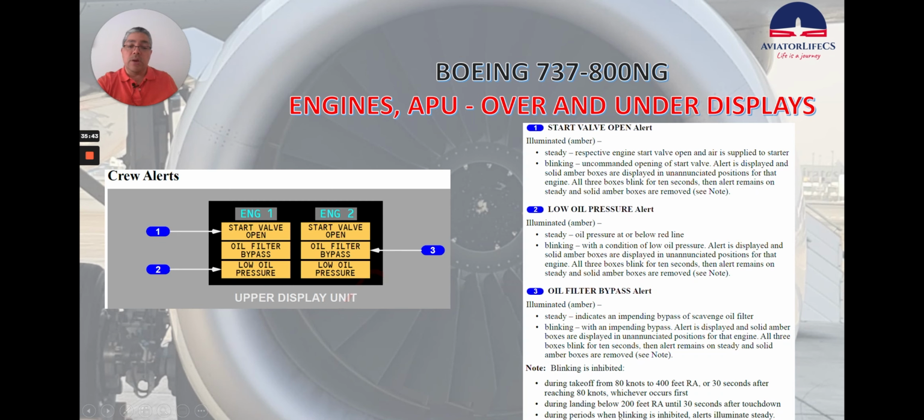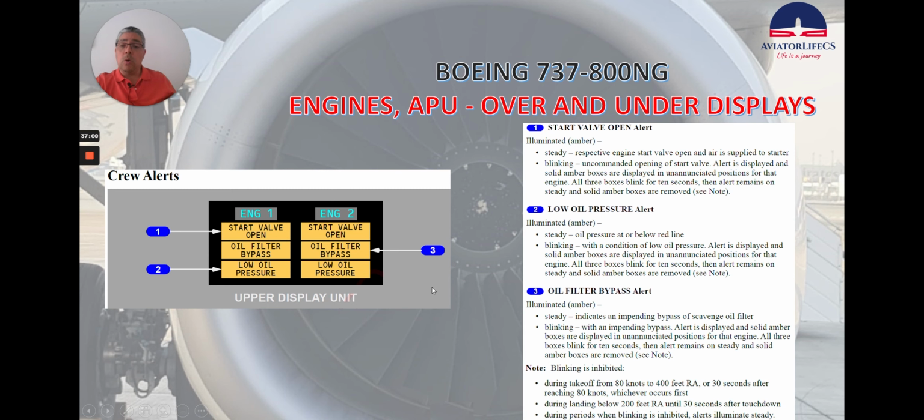During periods when blinking is inhibited, alerts illuminate steady. Okay, this blinking condition repeats for the 3 alerts, basically. So the first one we just read, uncommanded opening of the start valve. And then the next one will be for a condition of low oil pressure. And the third one will be for an impending bypass.